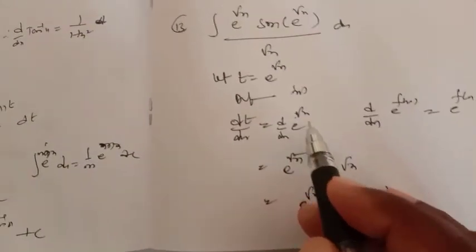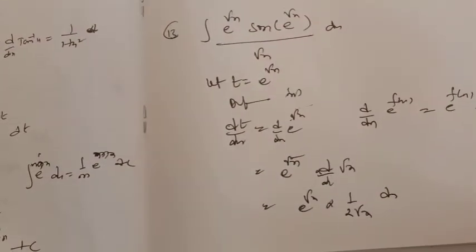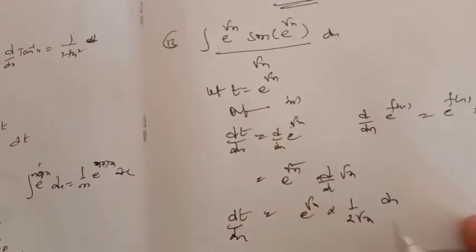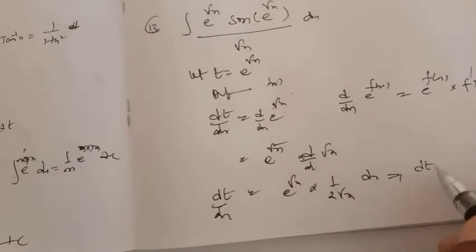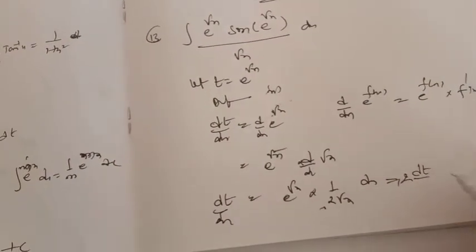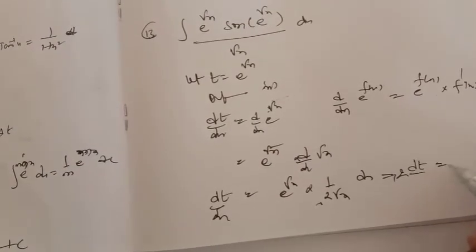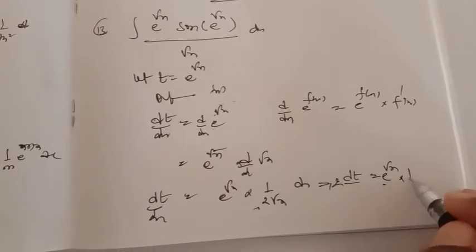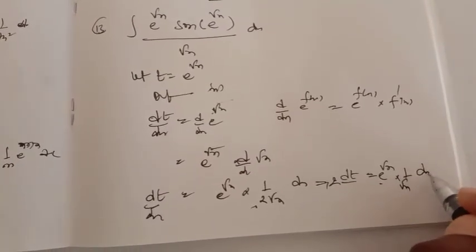Here f of x equals root x. Substitute the dt by dx value. Therefore 2 dt equals e power root x into 1 by root x into dx.